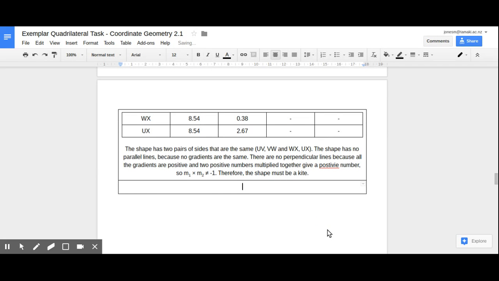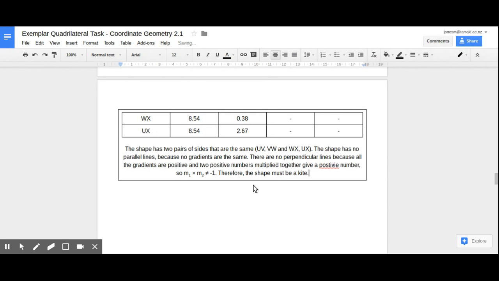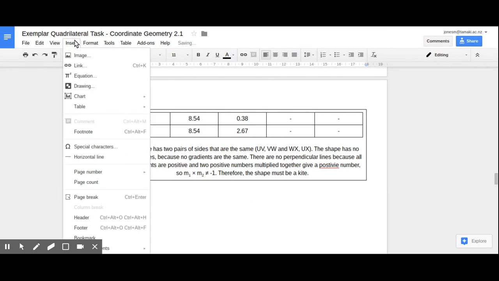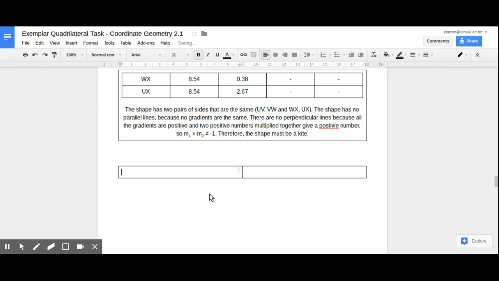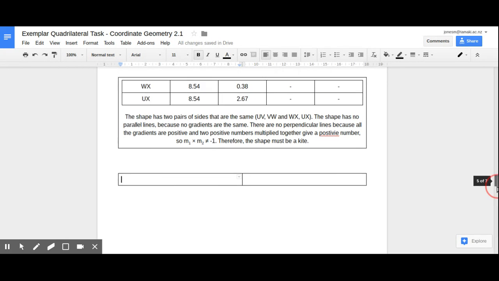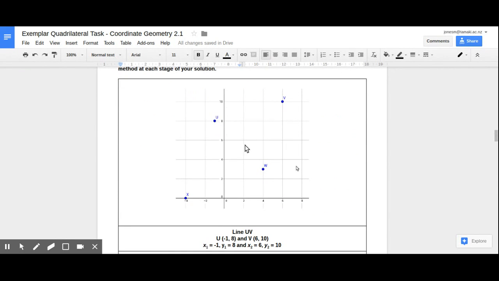Now what we're going to do, next part, is look at some of the diagonals. So I'm just going to start a new table, and I'm going to look at the diagonals of the shape. If we go back up to the shape, we've got the diagonals UW and VX.